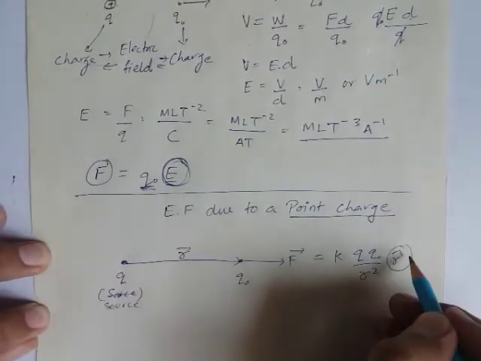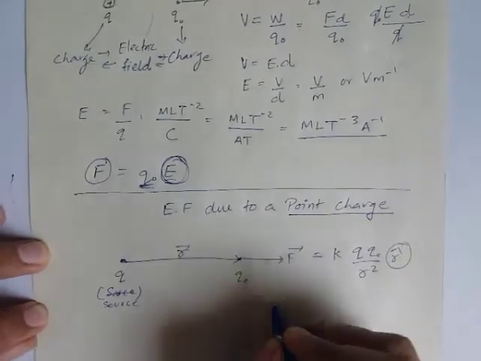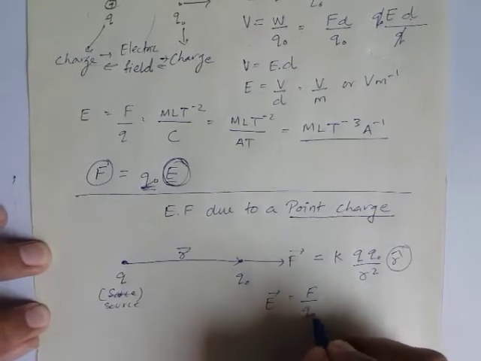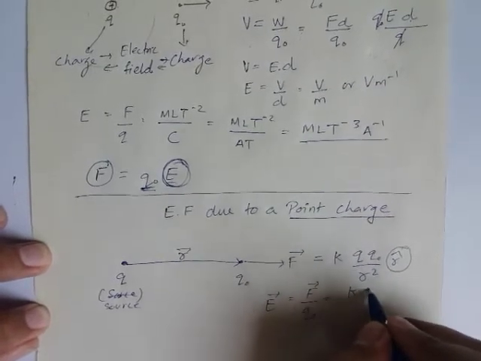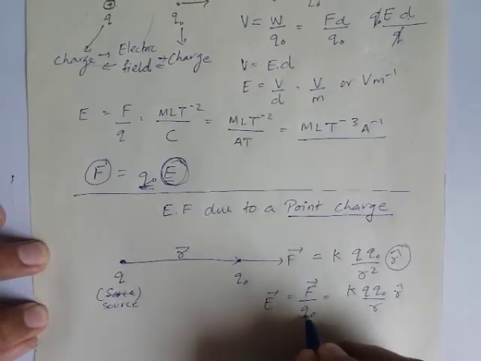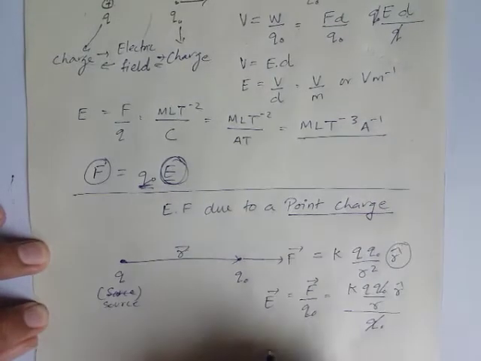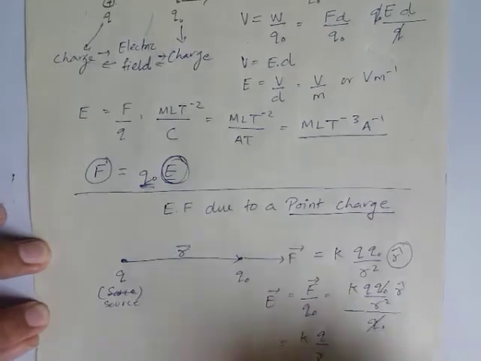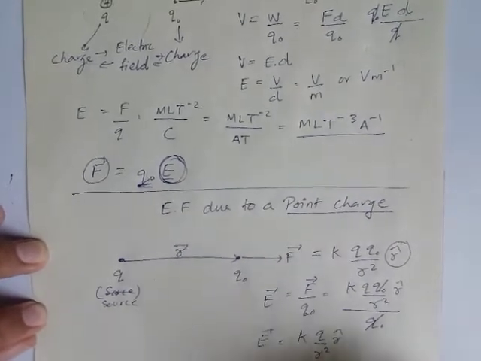So now we need to find the electric field. Electric field is nothing but E equals F by Q naught. So we have the value K Q Q naught upon R square, unit vector, and in terms of Q naught it will strike out, and again the electric field will be K Q by R square into the unit vector. That is our electric field.